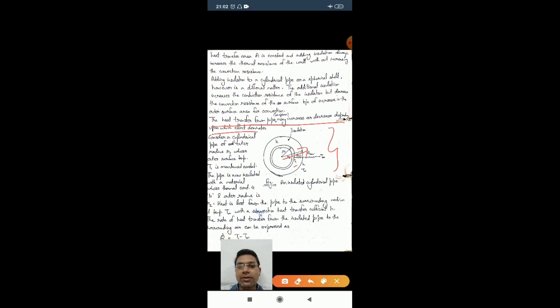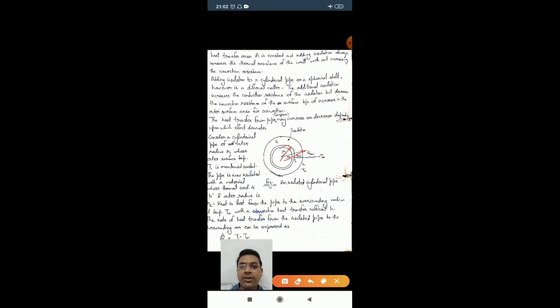So this is the insulation, and this is the pipe. Drawing it once again: this is the radius, and this is the insulation with a material. Let the thermal conductivity of insulation be K, and heat is lost from the pipe to the surroundings.